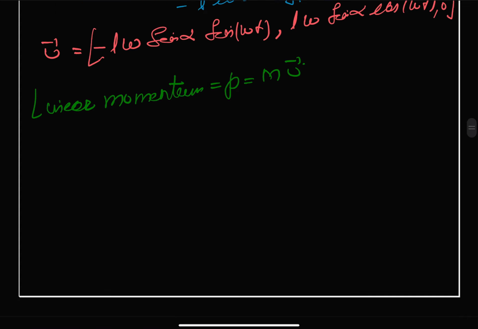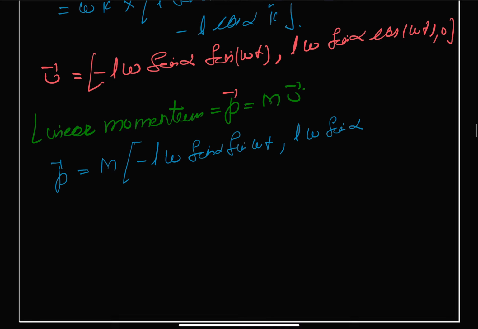There will be no effect on the coordinate system, so our linear momentum P will be equal to our mass m, and the rest remains the same: minus L omega sine alpha sine omega t, L omega sine alpha cos omega t, comma 0.